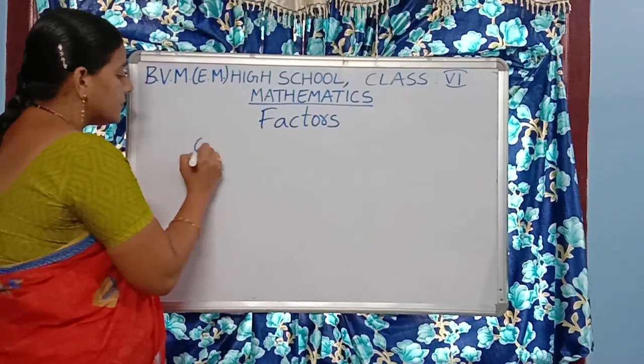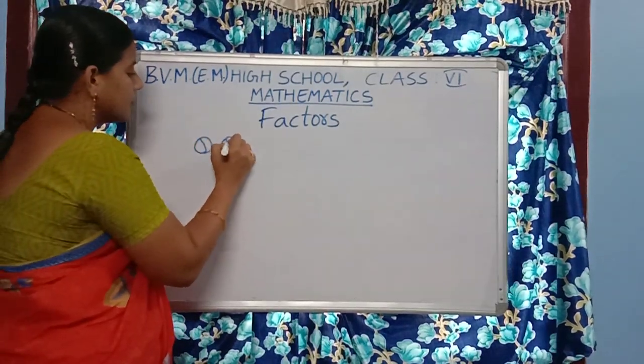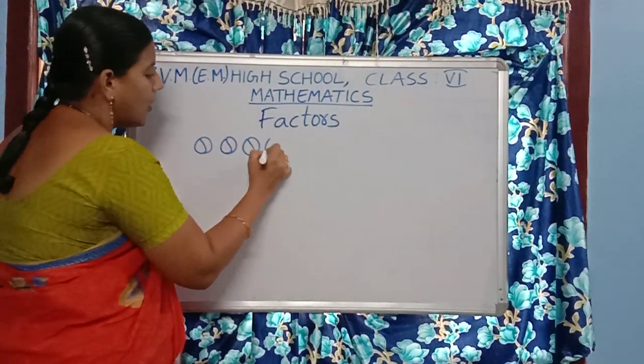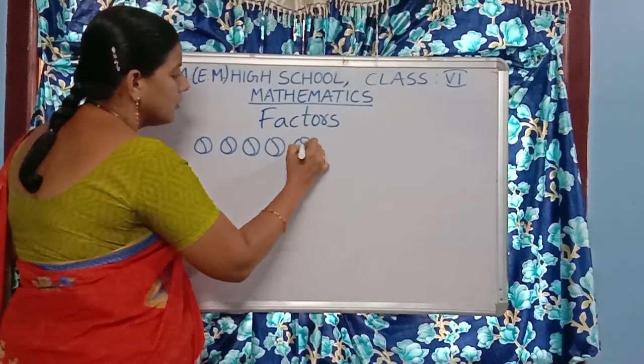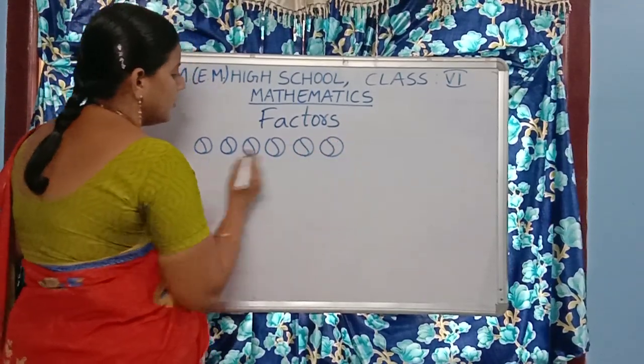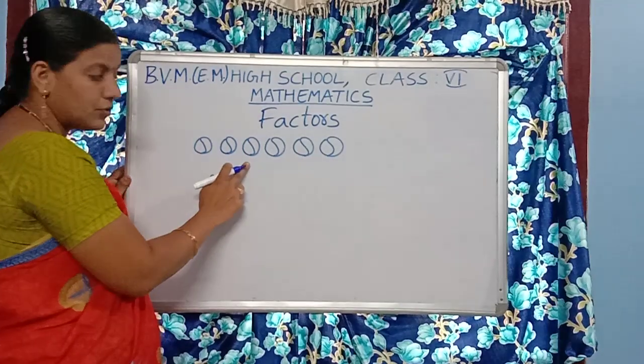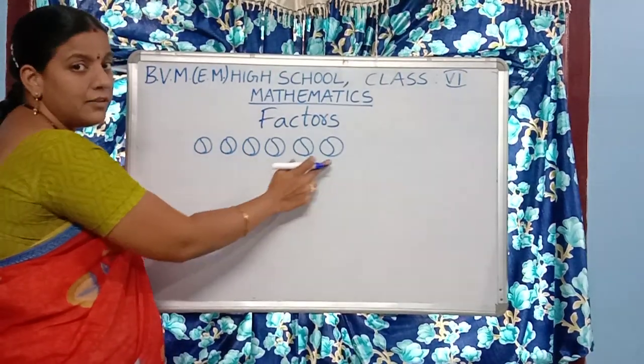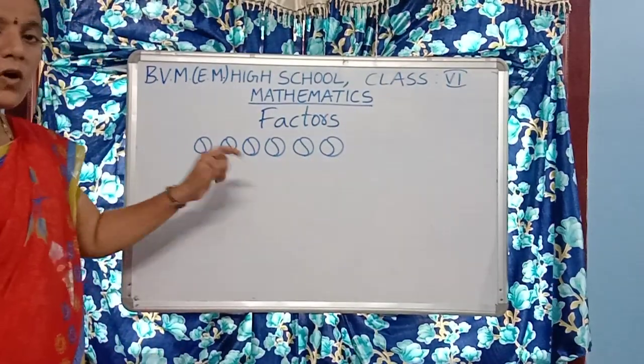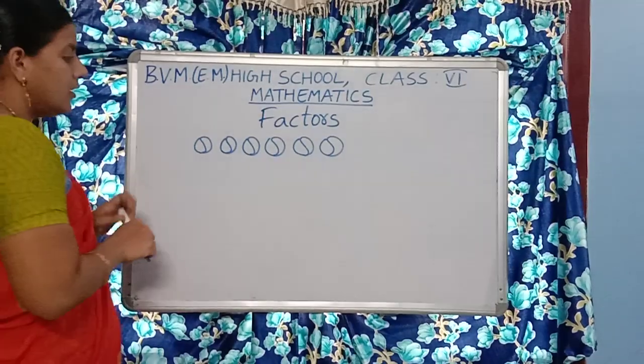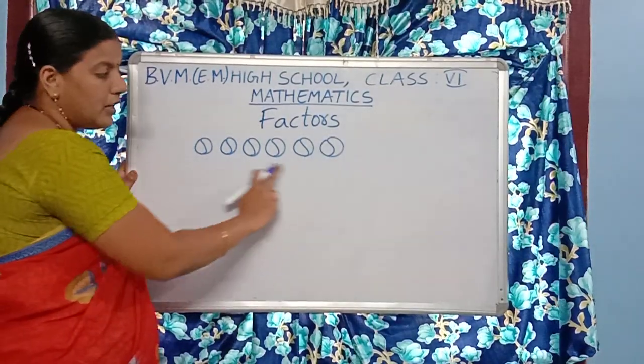Look children, how many balls are here? Count all of you. 1, 2, 3, 4, 5, 6. 6 balls are there. Now, look, how many rows are there?